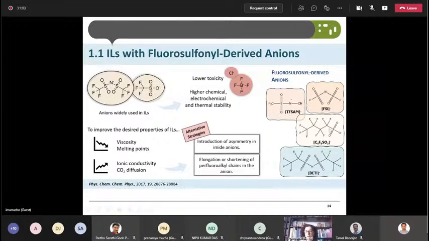Here, half is NTf2 and the other half is a sulfonate. And here I have this anion that has more fluorines than the other ones, just for us to see how it would behave to introduce an asymmetry in the anion or to have longer fluorinated chains in the anion.